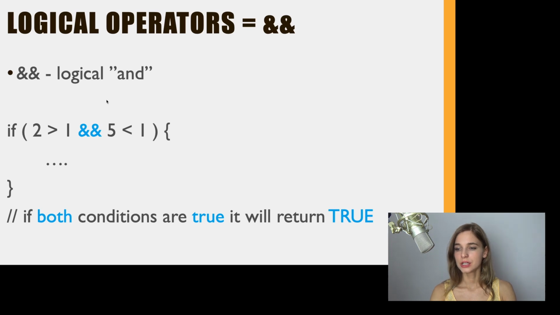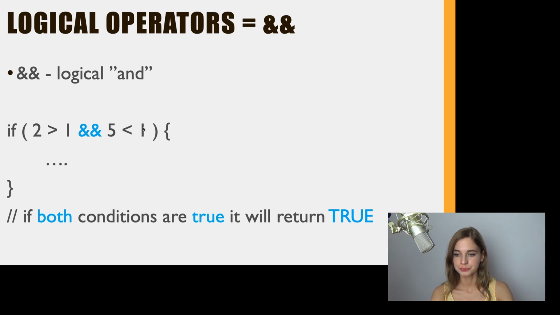And so if we have an expression within an if statement, these are our operands. So is 2 greater than 1? This is true. We know that 2 is a bigger number than 1. And on the other side of our operator AND, is 5 less than 1?